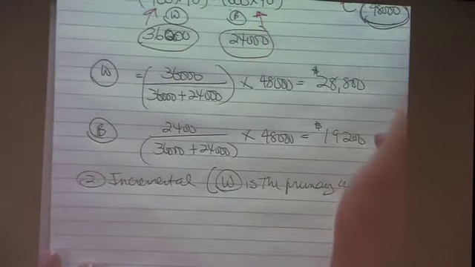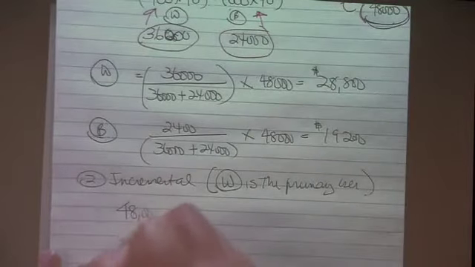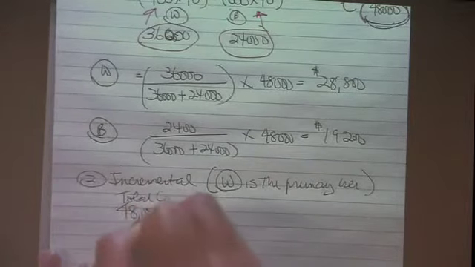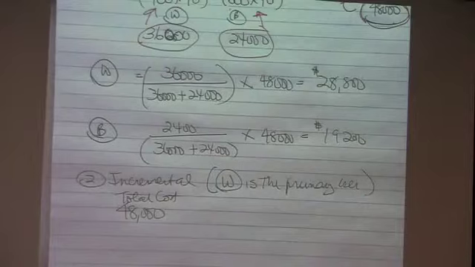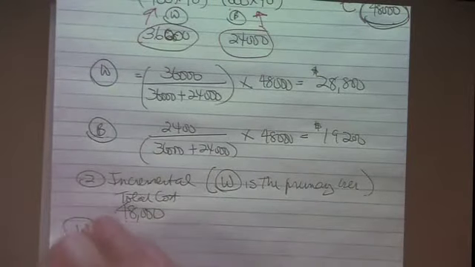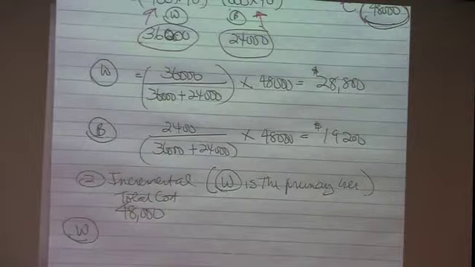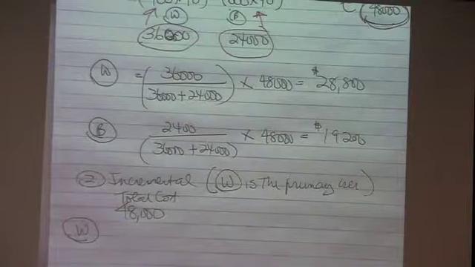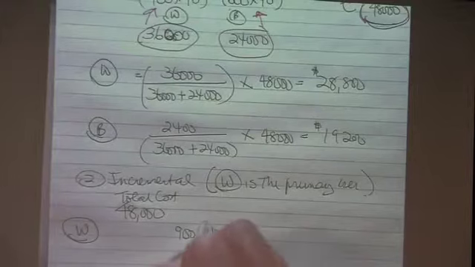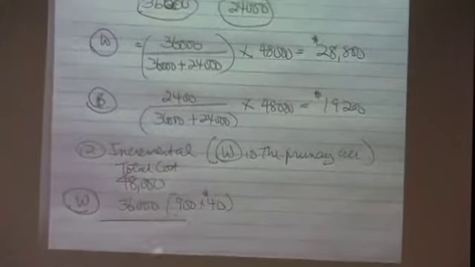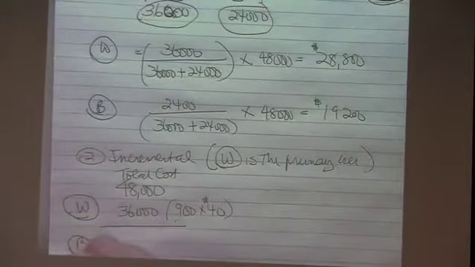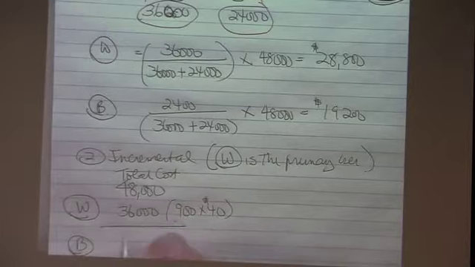It's costing us 48,000. I'm going to allocate first to W the fair value of the service if they do it themselves, which in that case would be the 900 times the $40. So that's the 36,000. And that means that Brown gets the remaining difference, which is 12,000.